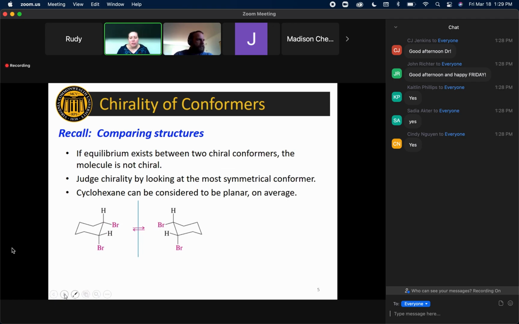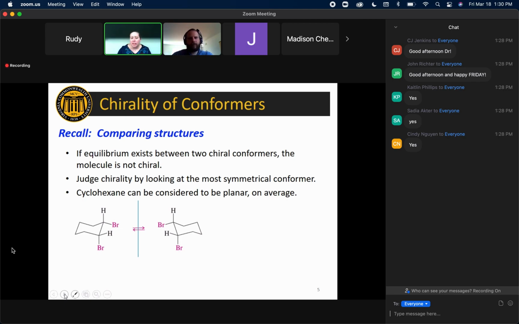You've seen it before. We talked about how lucky we are earlier this week that for chair forms, because those chair forms relate to each other by just bond rotation, we don't actually have to consider the chirality of each individual chair form.